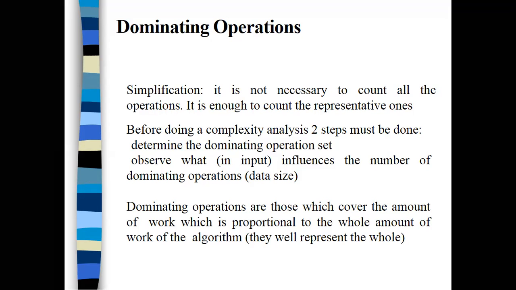As we already discussed, the dominating operations are those operation sets that represent the huge amount of work from a specific data set. So first we determine those, and then we observe the number of dominating operators we have in our data set.